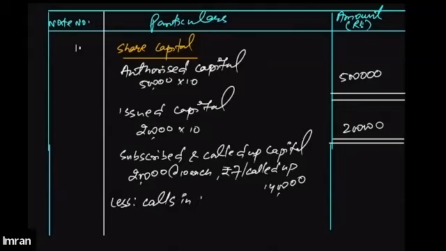Calls in arrears will be shown as calls in arrears. This is how we will show that for 1,000 shares, 2 rupees on first call is not yet paid by the shareholders. So that means 2,000 is still due. So the total subscribed and paid up capital is how much? Only 1,38,000.